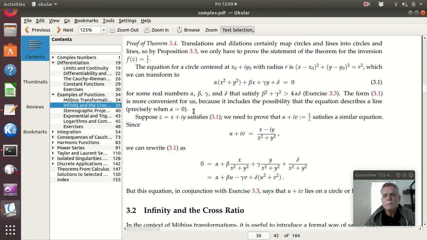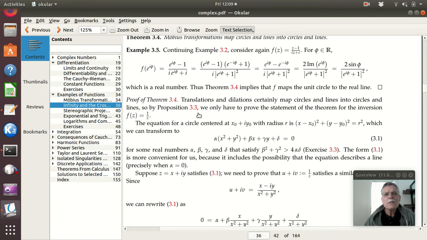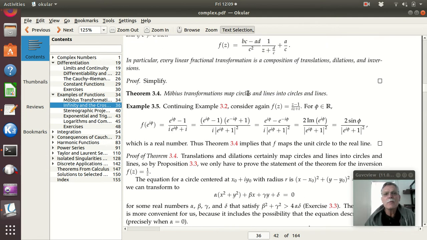There we go. And so this was the proof of theorem 3.4, and let's see, yeah, there's the example 3.5.